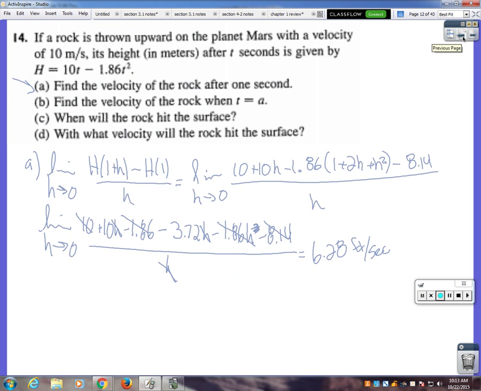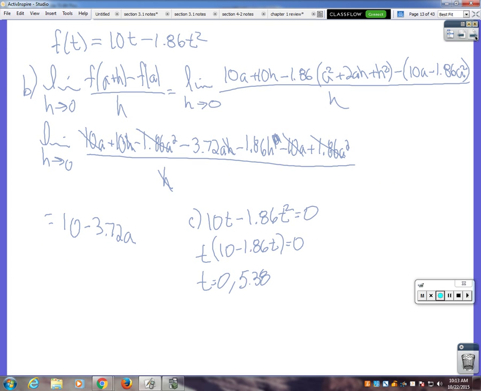Alright, and then last one, with what velocity will the rock hit the surface? So previously, what we would have had to do is do this whole process again with 5.38 as our a. But now that we have a formula, all I have to do, this is my velocity. So all I have to do is just plug in 5.38 for a.